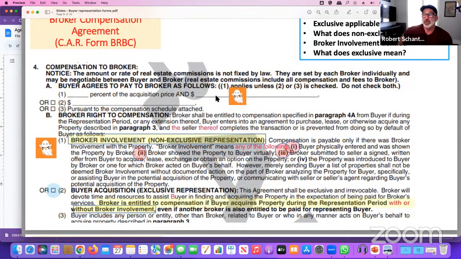But here's what broker involvement means. The buyer physically entered and was shown the property by the broker. The broker showed the property to the buyer virtually, meaning you're probably at the property doing a FaceTime.